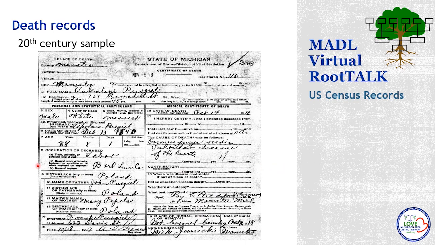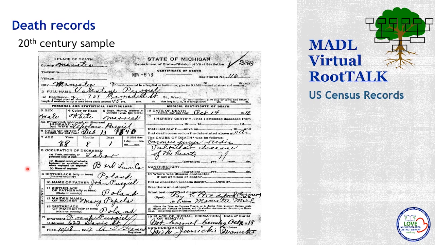Now, the one caveat that I want to provide for looking at death records, and it really doesn't matter, but it's really something to keep in mind, especially for 20th century records where a lot more detailed information is provided. The personal information about the deceased is usually provided by a family member.